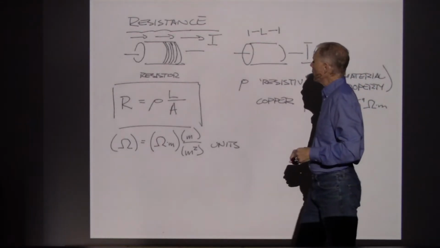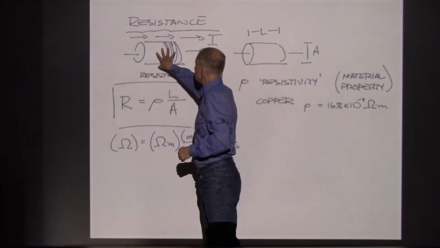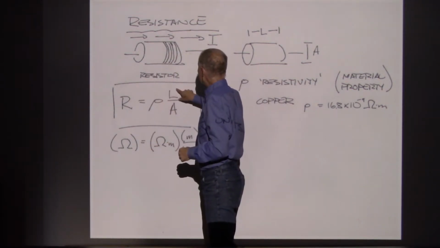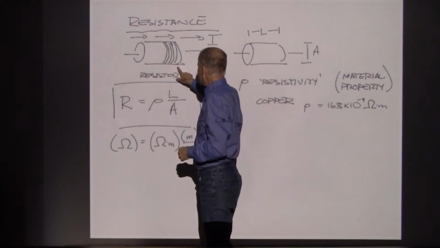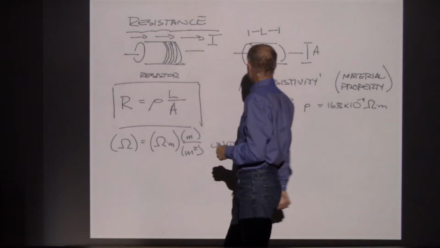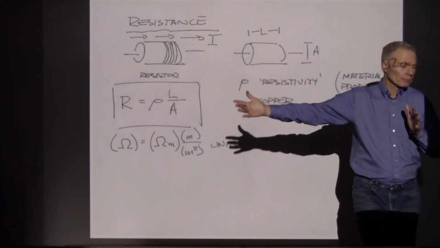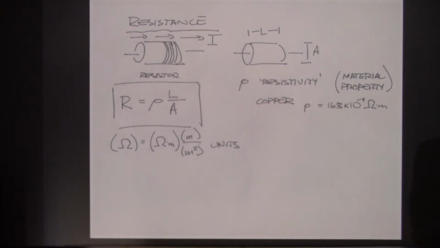And so the resistance of a device depends on the resistivity of the material. It depends on how long the resistor is, and it depends on the cross-sectional area. So if the resistor is twice as long, it's going to have twice as much resistance. It's twice as much distance that those electrons have to make their way through.